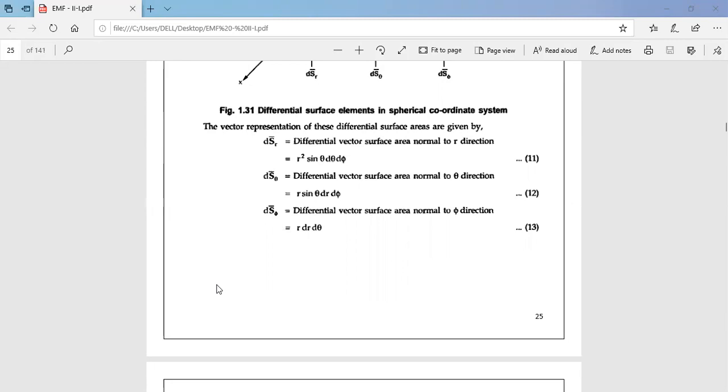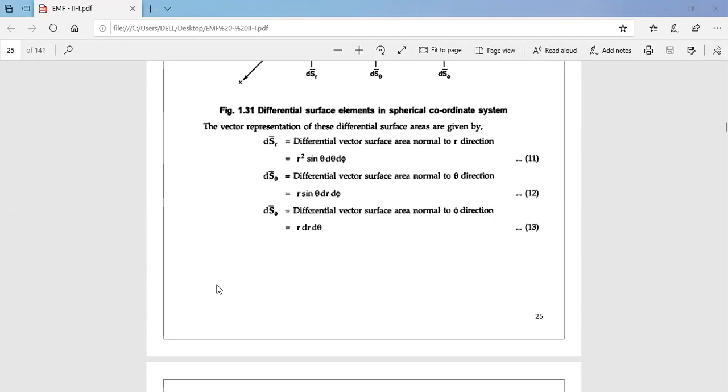Vector A is big X AX plus big Y AY plus big Z AZ. You know, X, Y, and Z are some values, right?